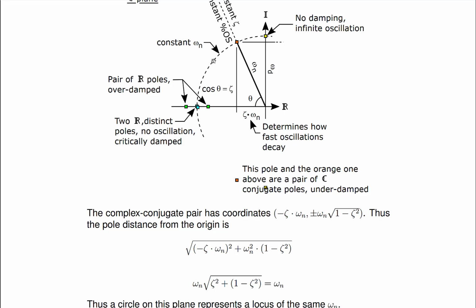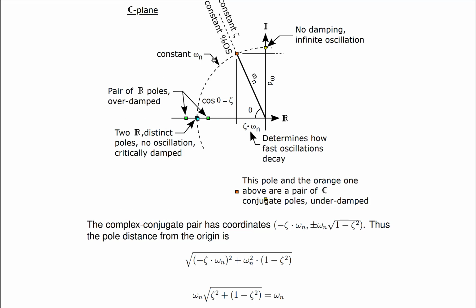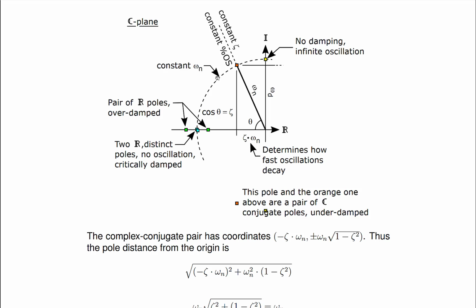Now they don't oscillate at the same frequency, because remember the oscillation frequency is actually omega d, and this is omega d up here on the top. So if you increase your damping, then what will happen is you actually move down this curve this way.